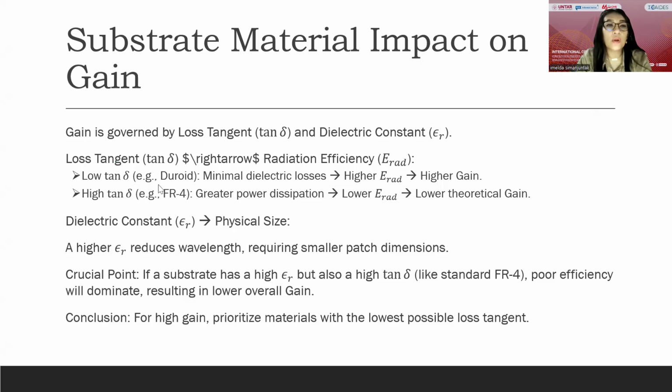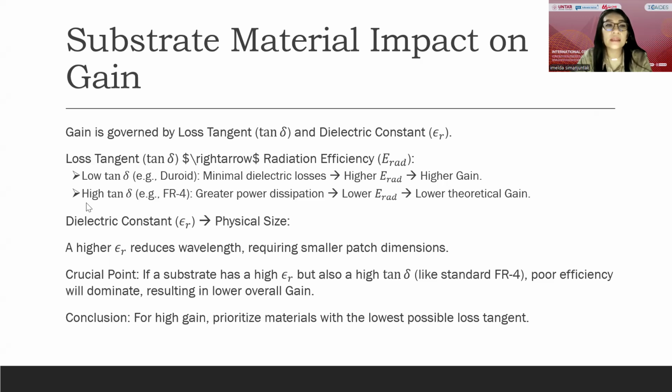If we use a low loss tangent material like Duroid, we achieve minimal dielectric losses. It means higher radiation efficiency, which means we get higher gain.